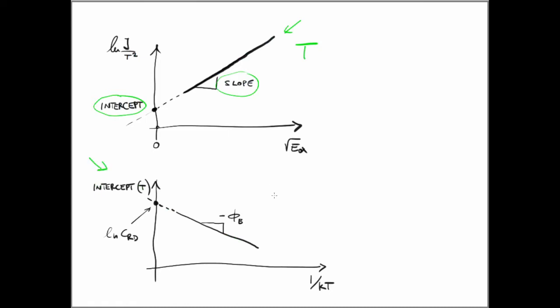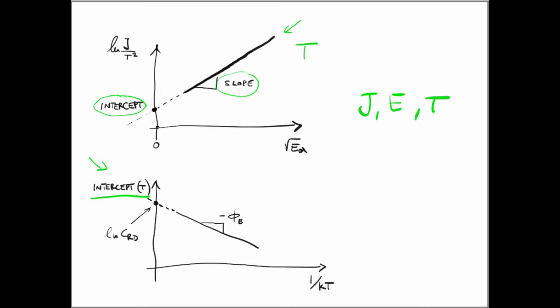So what we do to have a more accurate estimate of phi b, of the barrier seen by the electrons that are jumping into the semiconductor, is to actually do JE measurements at many temperatures, and so collect intercept values at different temperatures, and then we plot the intercept for each temperature we've used as a function of 1 over kT.